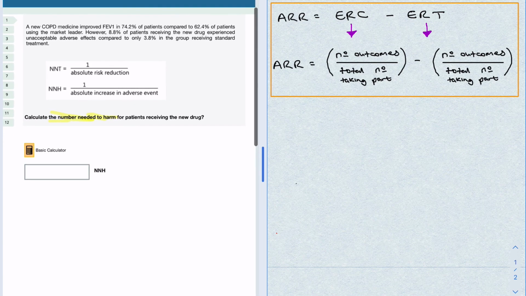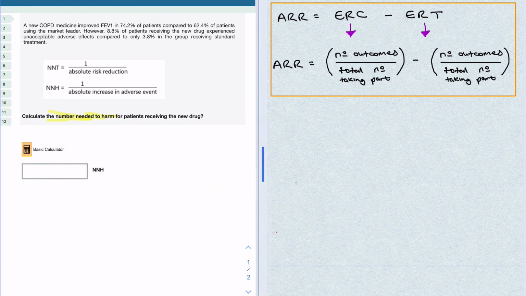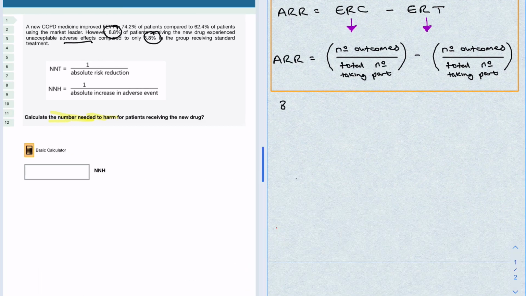Sorry about that. Let's try that again. The question tells us that 8.8% of patients receiving the new drug experienced an adverse effect compared to 3.8% in the group who received standard treatment. So, lo and behold, the number of outcomes is 8.8, and we're going to divide that by the total number of people taking part, which is 100.